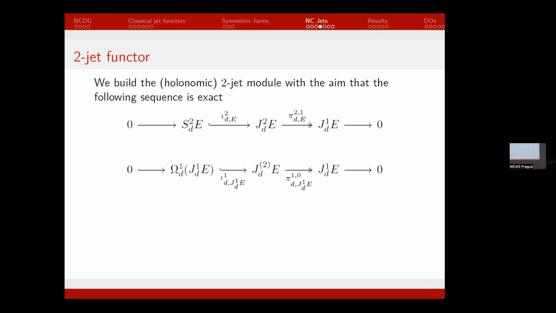But what we have so far is if we apply the one-jet exact sequence to J1D of E as a module, we get this. We get the one-jet exact sequence of J1D. And we notice that we have the one jet here, just as above. We have the non-holonomic two jet below.